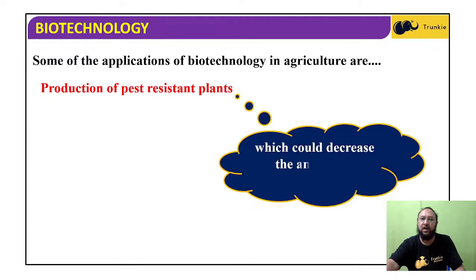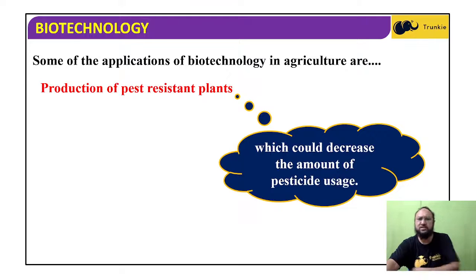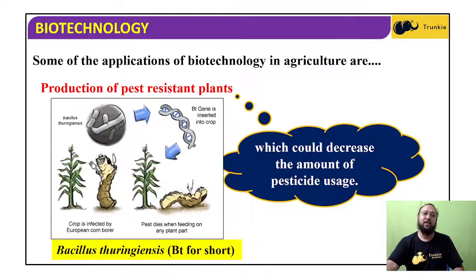By producing pest resistant plants, we are able to reduce the use of pesticide. So, Bacillus thuringiensis, Bt for short. Bacillus thuringiensis is the name of the bacteria, and the short form is called Bt.